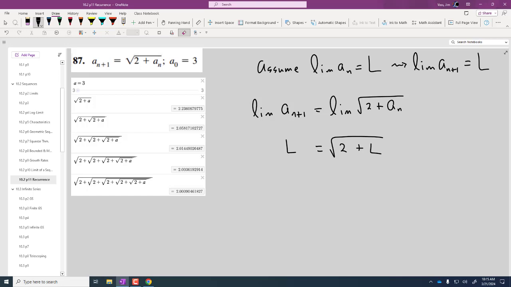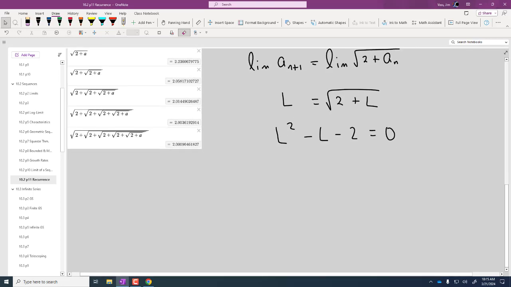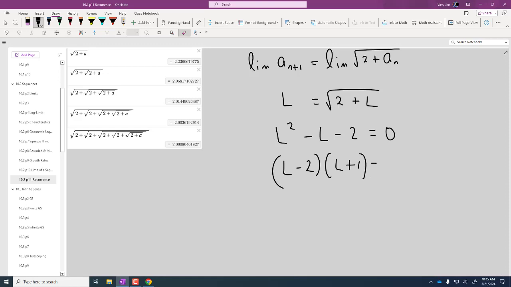Square both sides. Move everything to the left. You get that? Factor. This tells us that L is either -1 or 2.